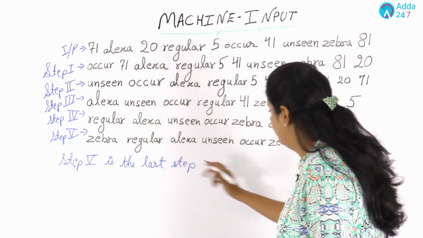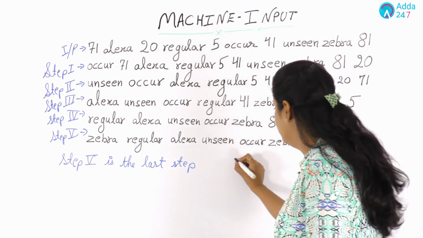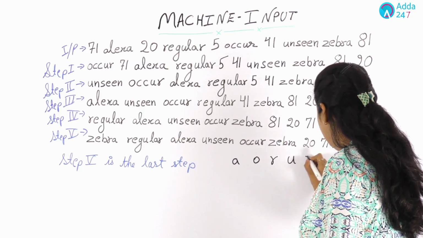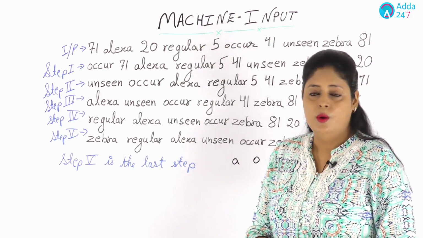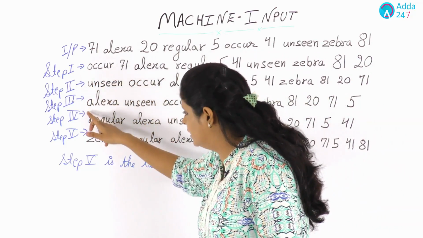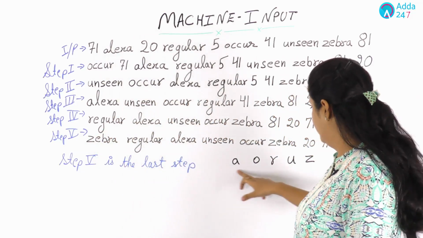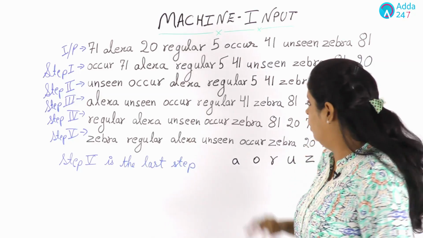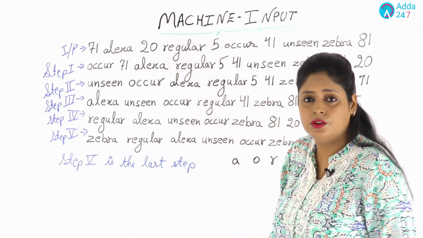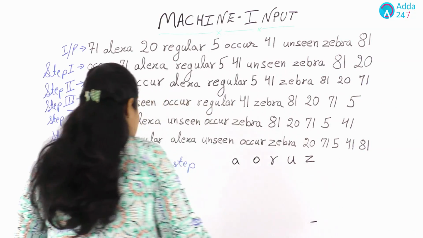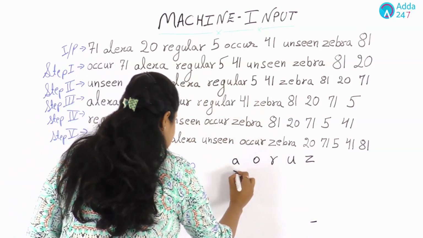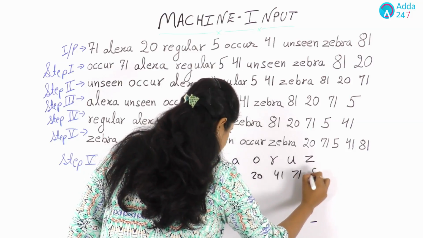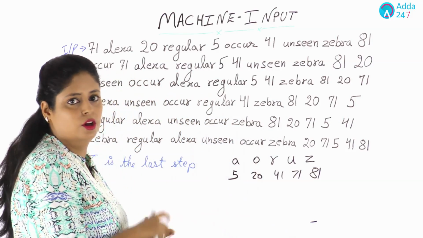When we write it in alphabetical order, our arrangement will come as A, O, R, U and at last Z. So the first letters of the given words in alphabetical sequence are A, O, R, U, Z. Okay, let's discuss numbers also. What can we do with numbers? Let's arrange the numbers in increasing order. If we write them in increasing order, the arrangement will be 5, 20, 41, 71 and at last 81. We did all these things.